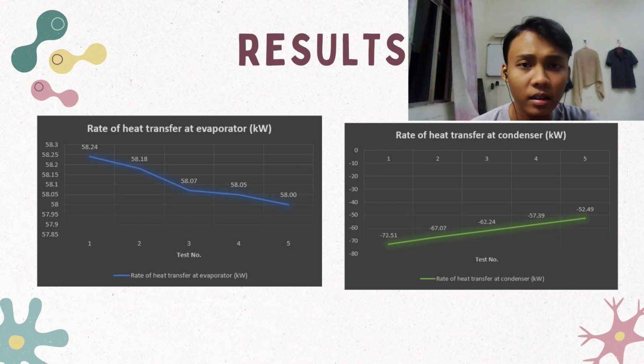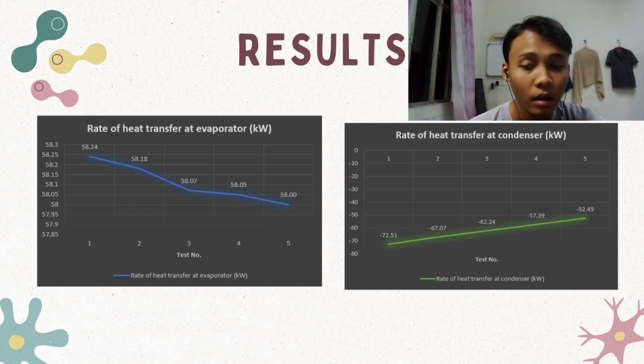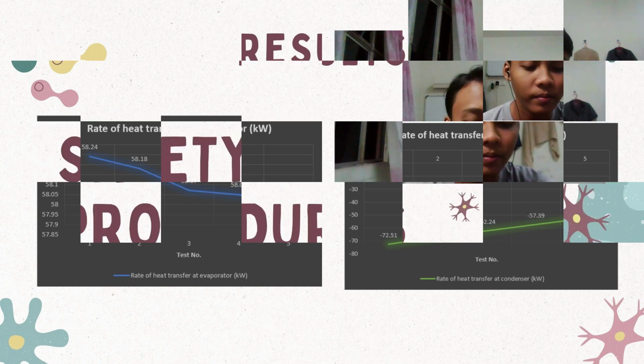This is the graph of rate of heat transfer at the evaporator and rate of heat transfer at the condenser. We calculated this data from the data that we got throughout the experiment by using the equation Q = m ΔH, where H is enthalpy.